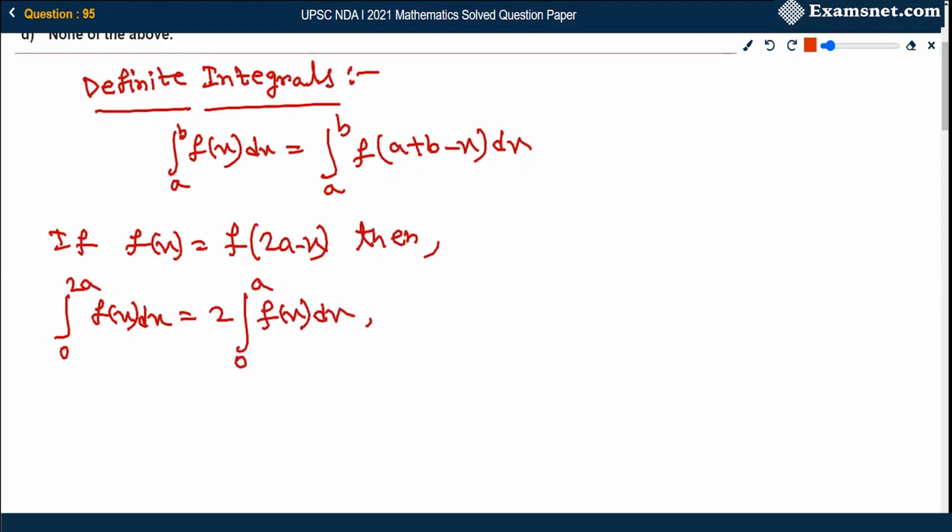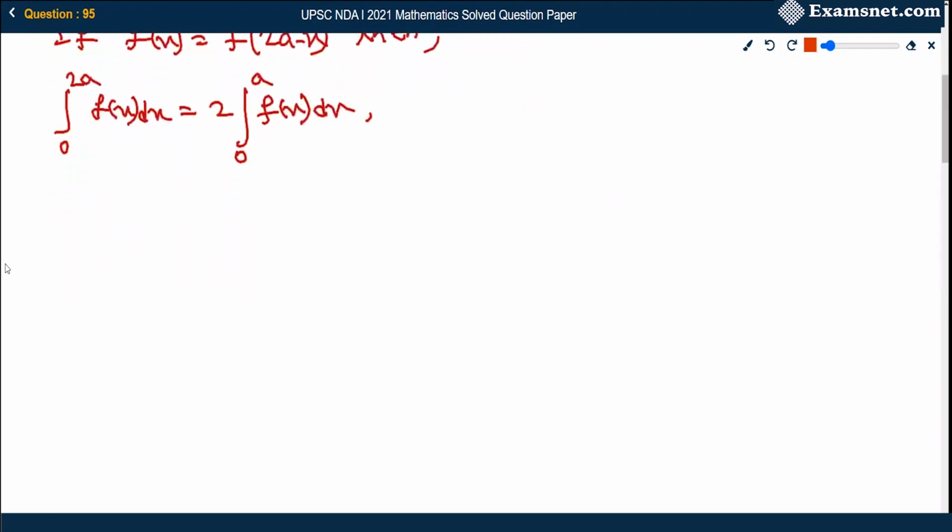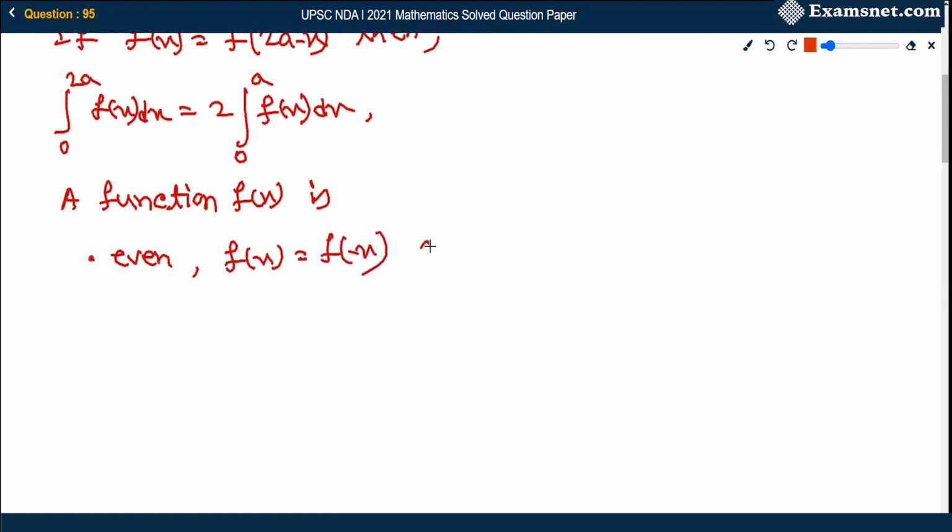Okay. Now we will talk about different types of functions. Let's say f of x is even. Then we can write f of x equals f of minus x, and also the integral from minus a to a of f of x dx will give us 2 times the integral from 0 to a of f of x dx.